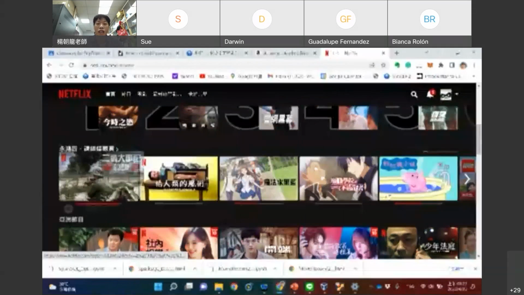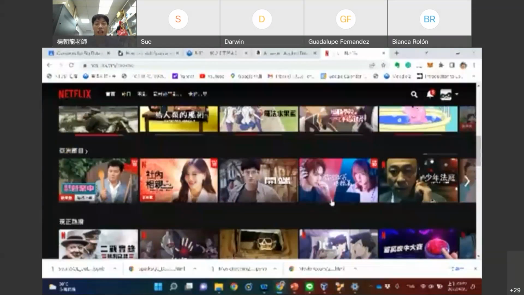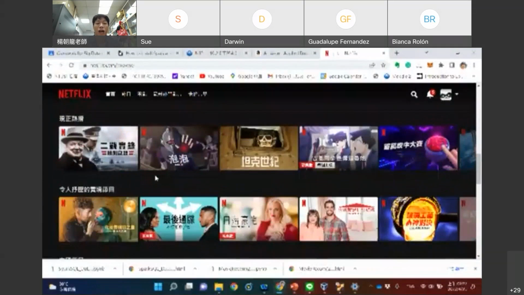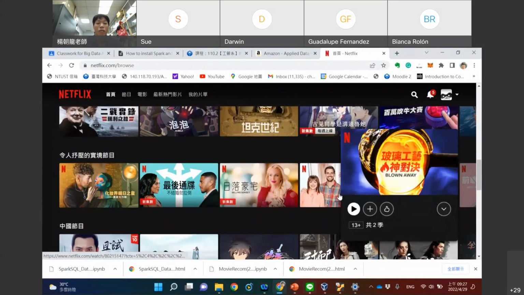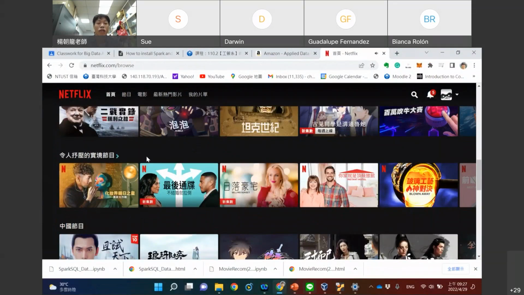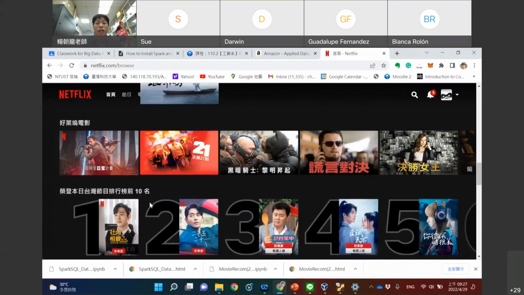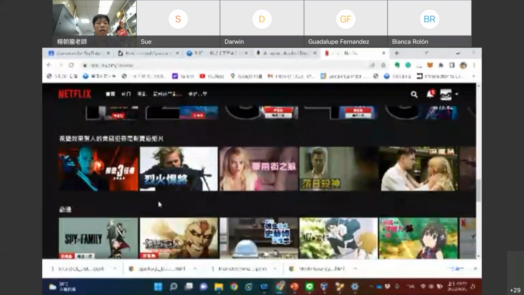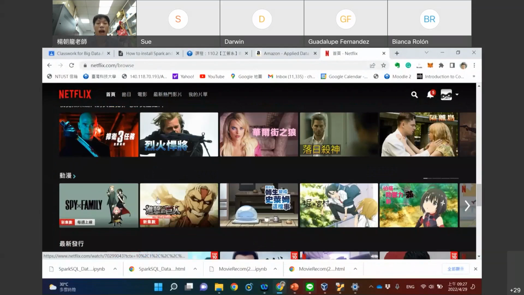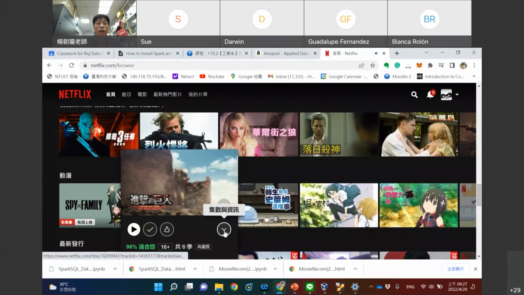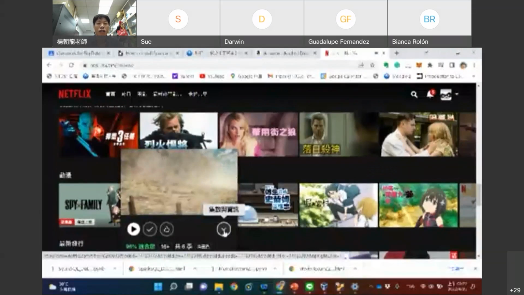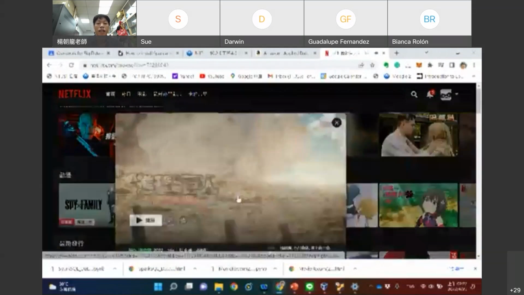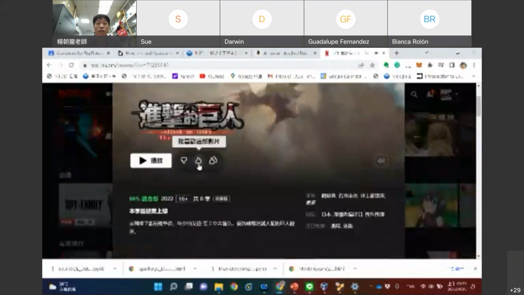And everything you see here already comes with a recommendation system. All movies are shown based on different categories that they recommend, to save my time reading and choosing. And if you like, for example, there's a very wonderful, very popular Japanese cartoon, I can also give it a like.